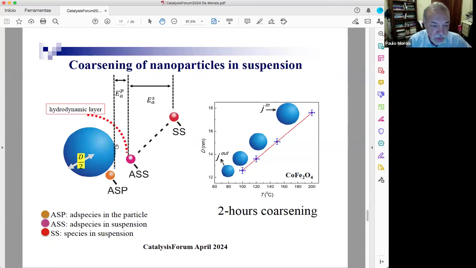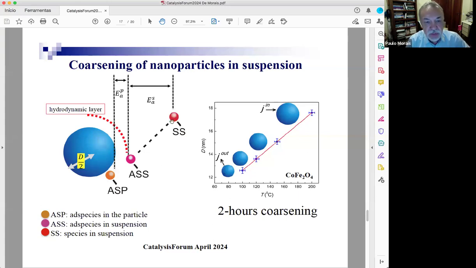Here I represent on the left-hand side a typical nanoparticle, in contact with the aqueous colloidal suspension. And then certainly you have a very small fraction of this nanomaterial in suspension.